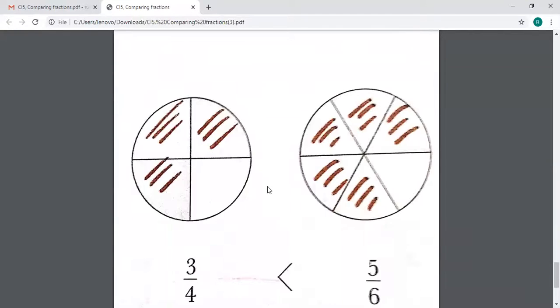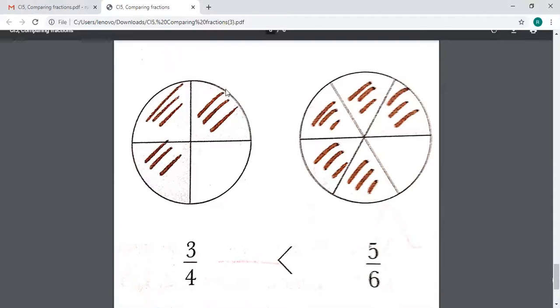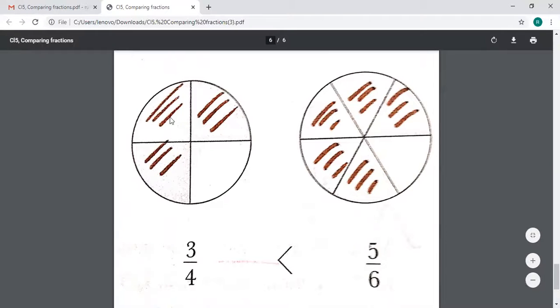So now you see here, these were unlike fractions. Now in the figure, if you want to understand by an activity, see here, remember they must be equal every time. If I've taken a circle, you have to take an equal circle.